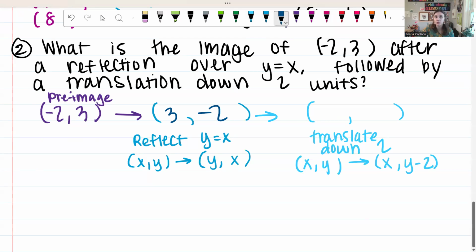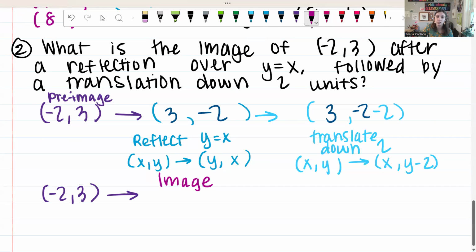So nothing's changing with our 3. And then I have -2 minus 2. So our pre-image of -2 comma 3 will map to now our image, which is 3 comma, and then simplifying -2 minus 2 gives us -4.